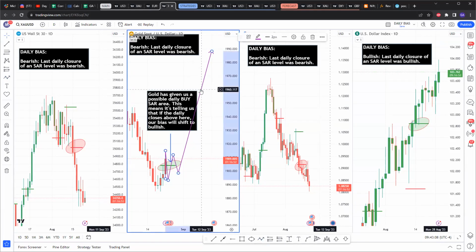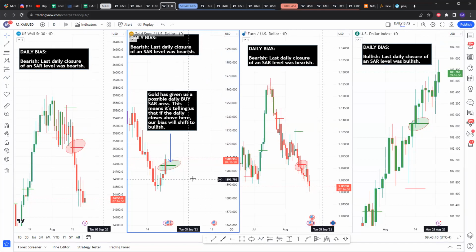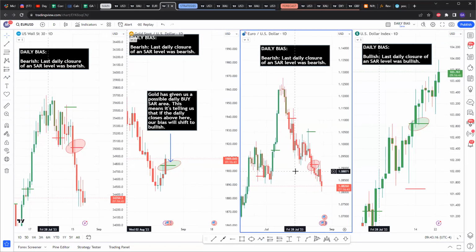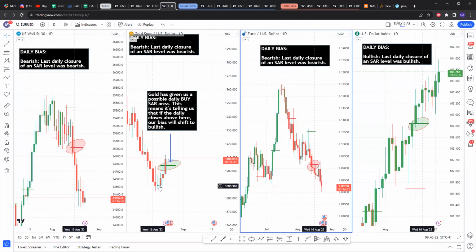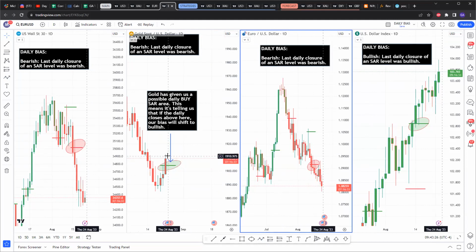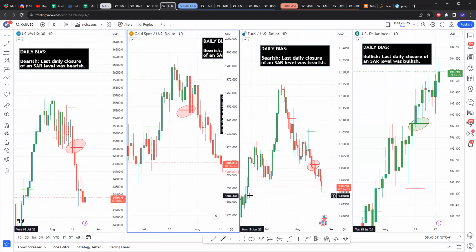Now the question is, what's the probability of that happening? Because you can have a similar thing that happened to EU right here, where it closed above this buy SAR zone and then did not have any retracement, pushing all the way back up. So if you're looking to sell gold, you should ask yourself, if you're still in a sell when this daily candle closes and our daily bias changes to bullish, what's the probability that gold will retrace back down?